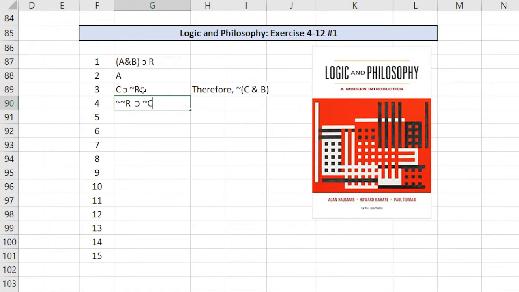All we did is flip around the R to that side, which is not R, and then turn that to not C. This is called the contraposition rule, if I recall correctly. Contraposition of 3.